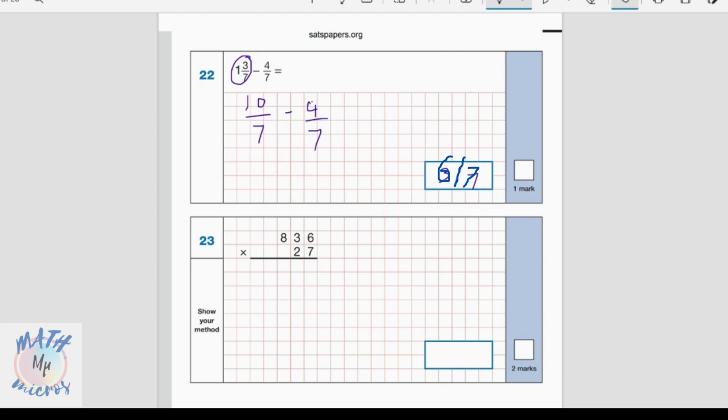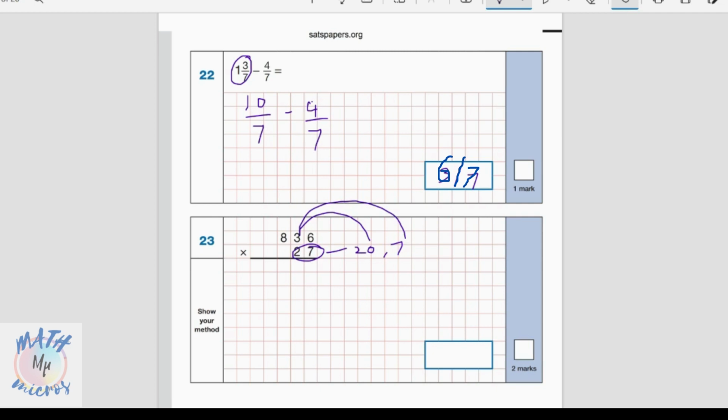So you have in 23, 836 times 27. So how you can do is you can split this 27 as 20 and 7. All right. So first I'm going to multiply 836 by 20. Then I'm going to multiply 836 by 7 and I'm going to add these both.